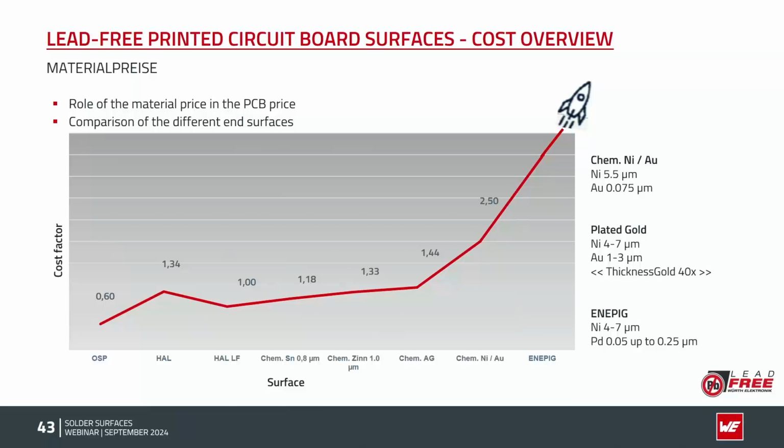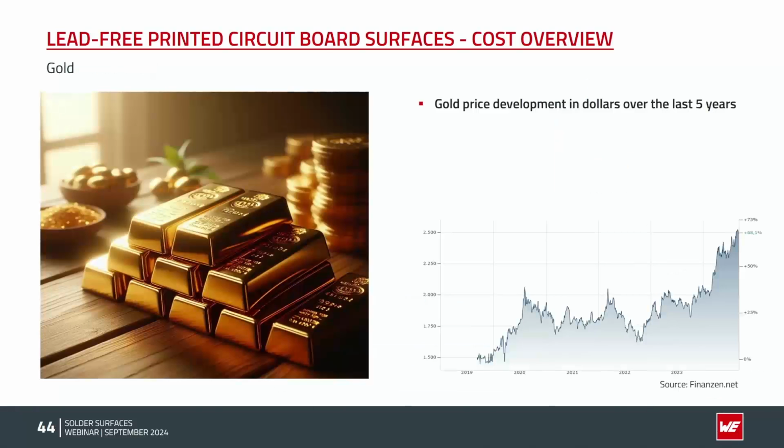So this is the cost comparison, let's say, of all the different solder surfaces here, just to get an idea about the relation between different solder surfaces. And the next slide is what I actually talked about.